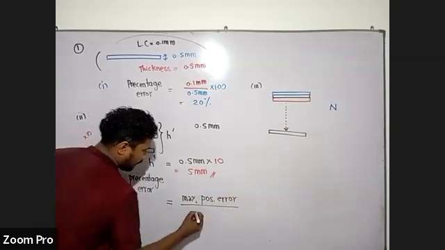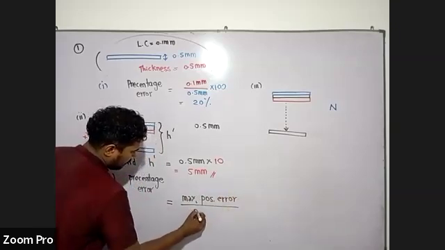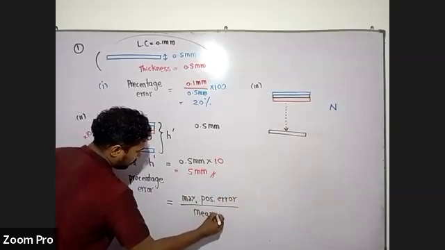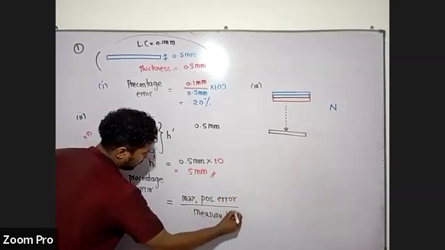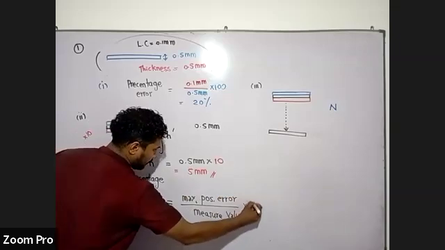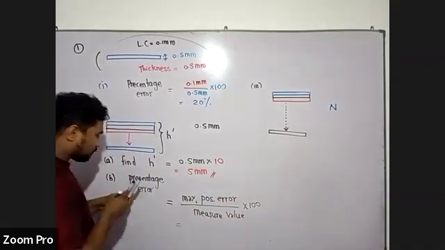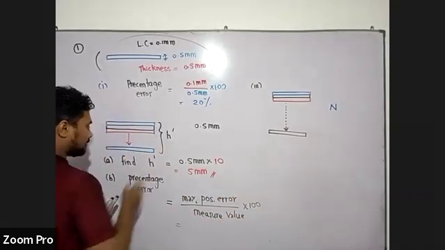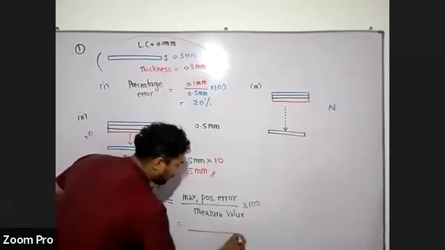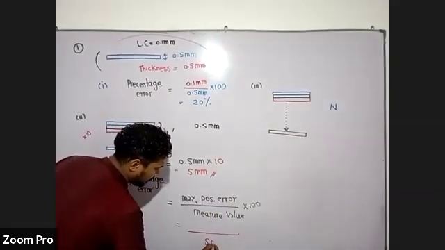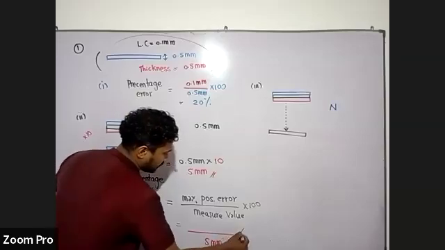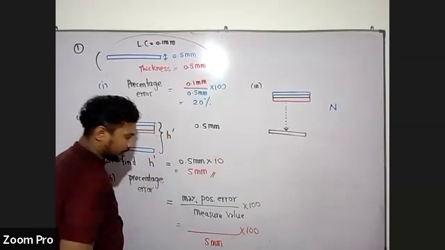Now this is the equation which is used to obtain the percentage error, isn't it? So guys, if we substitute the values into this equation for this instance, the measured value is equal to 5 millimeters, right? So this is the measured value and it should be multiplied by 100.